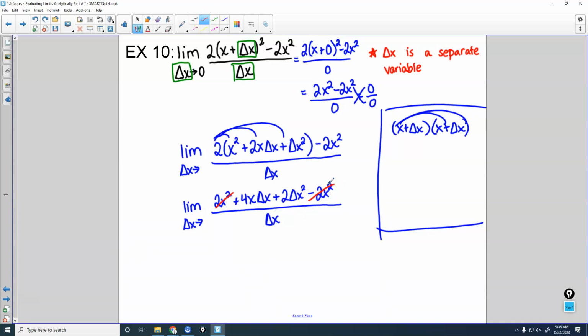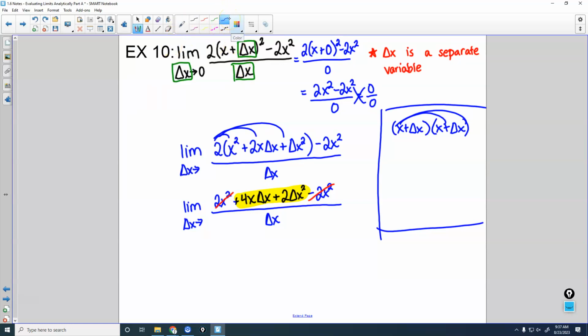And this should happen on every delta x problem that you see. What do you notice about everything that remains here in that numerator? They all have delta x's, right? And that should happen. If it doesn't, you probably messed up somewhere on a delta x problem.